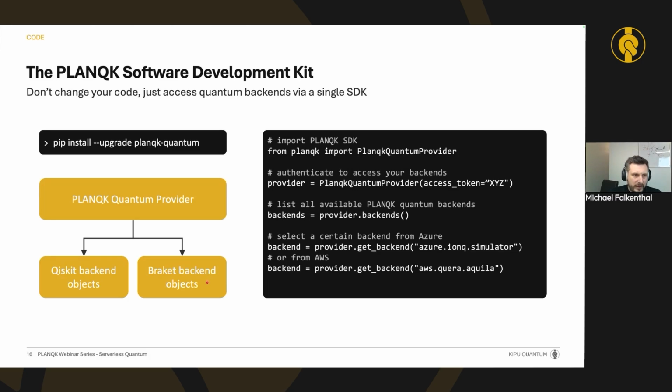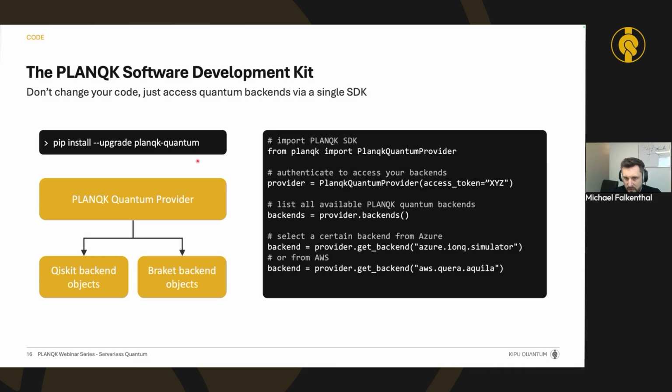devices that are also available via AWS, via Azure, and even beyond that, even beyond those platforms, the big cloud vendors, we also work on direct contracts with different vendors already, right? But the core idea is that, this is now the example with Python, of course, you have to install the so-called Planqk Quantum package, and this package provides you in Python with a so-called quantum provider that can easily be used in Qiskit.